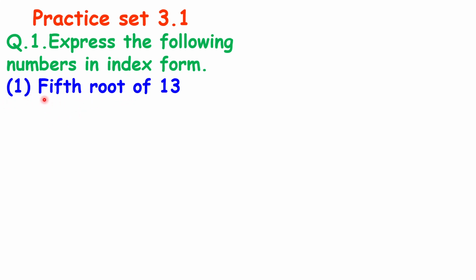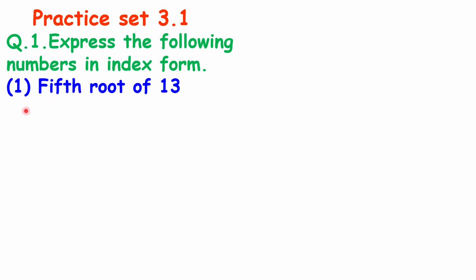First example, fifth root of 13. For this, we keep in mind 13 is the base and fifth root means here index is in fraction form and denominator of that fraction is 5.